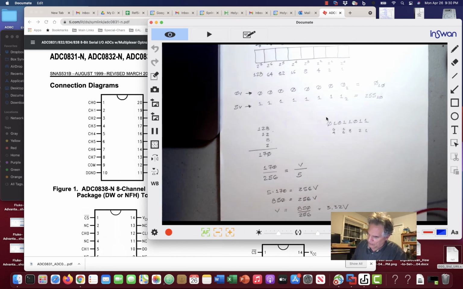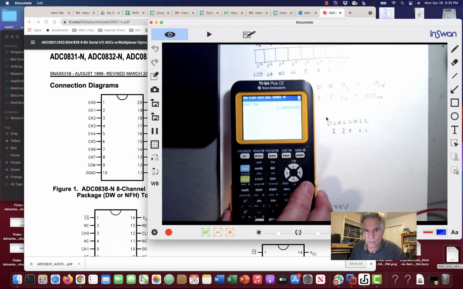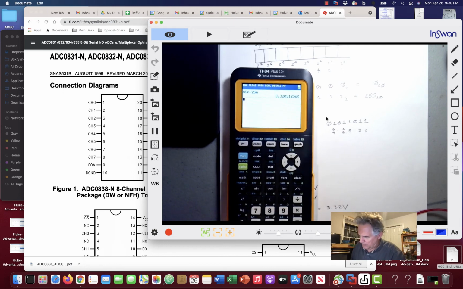So 5 times 91 is 455, because 5 times 9 is 45, but it's 90, so it's 450. 5 times 1 is 5, 455 equals 256 V. So V is 455 divided by 256 equals... Boom, 1.777.